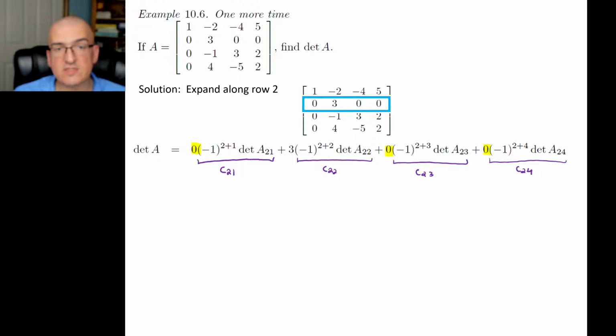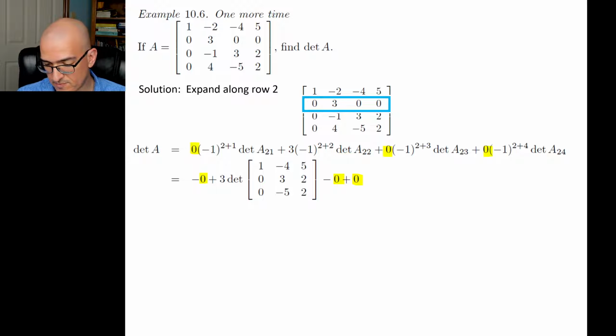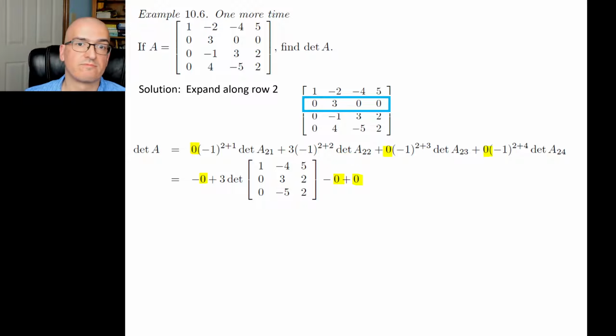So all those pieces are multiplied by 0. Don't calculate those determinants. We just have 3 multiplied by the determinant of that 3x3 matrix, which I would use a secret method on. Down products minus up products and get the answer fairly quickly.